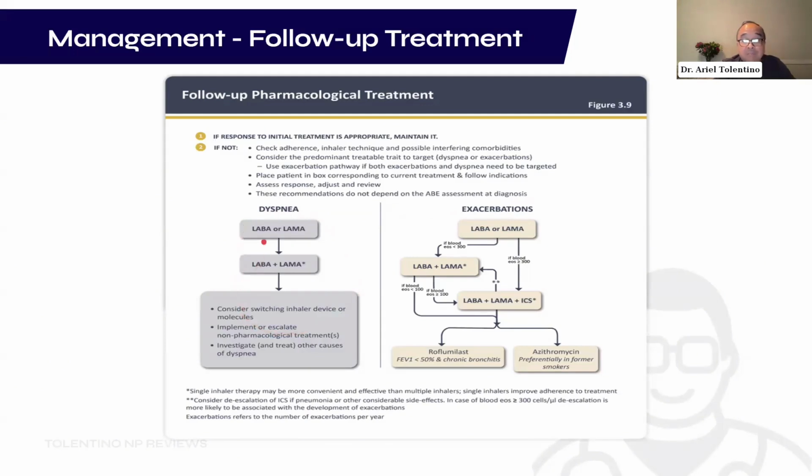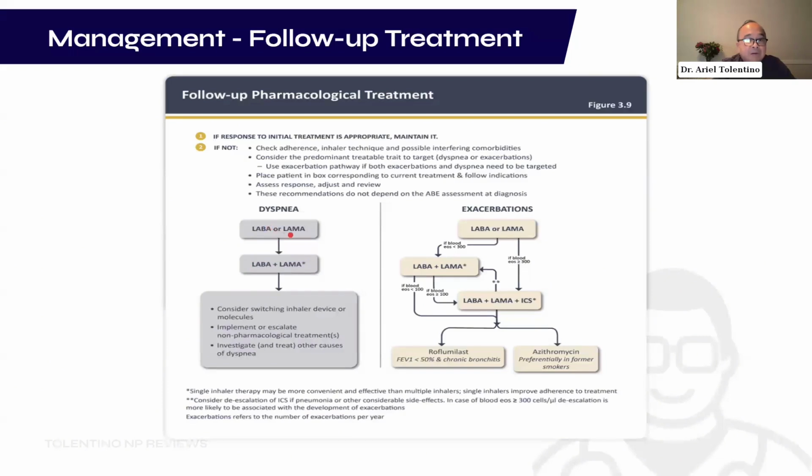In essence, if the patient is on a monotherapy long-acting beta agonist, your LABA, like formoterol, then you just have to add a LAMA to end up with a dual therapy if your monotherapy is not that effective for dyspnea.